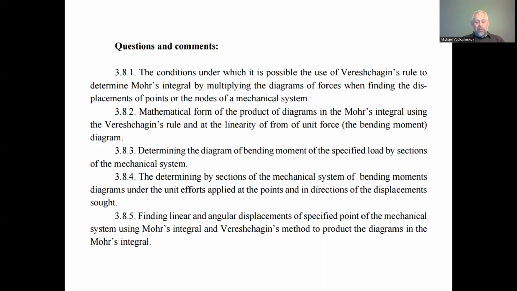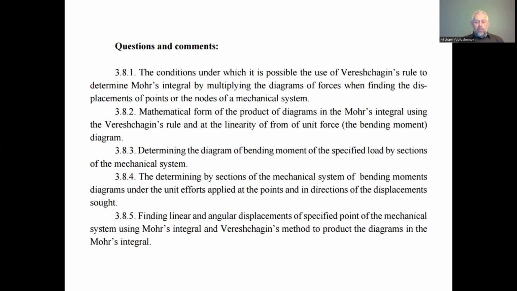For the same location point, we can find the magnitude of the bending moment in accordance with the diagram of moments under the action of the unit force in the required direction, in which we have to find the displacement of the mechanical system.